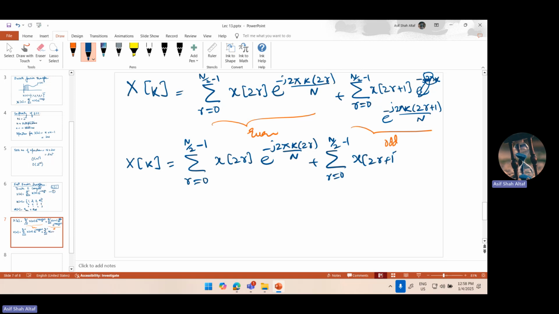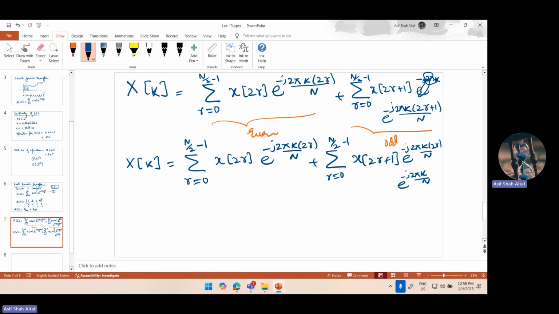Now what I will do here is just evaluate this exponential. Okay, so I will keep 2r by n separate and the rest separate. So there will be two exponents. The first will be minus j 2 pi k 2r by n. Okay, and then there will be one more, minus j 2 pi k by n. Okay. Now you see this exponential here and this exponential now are the same.